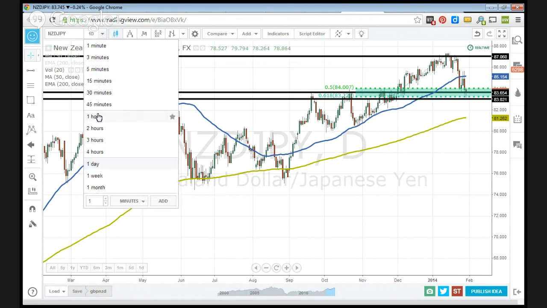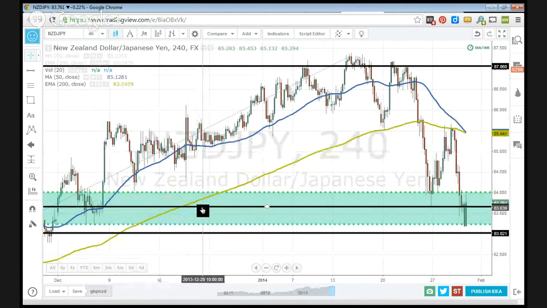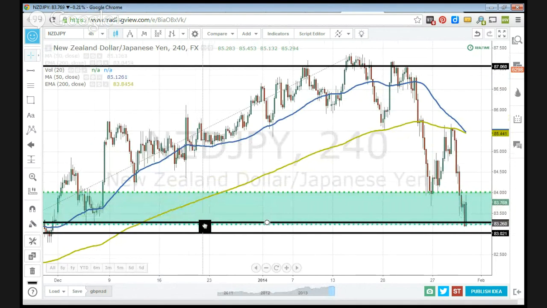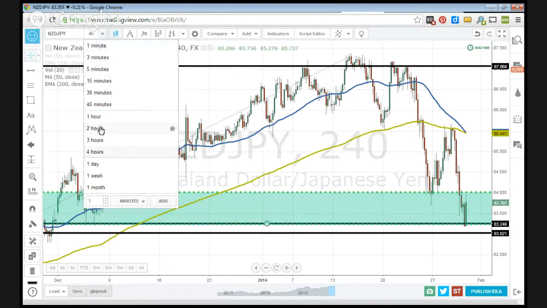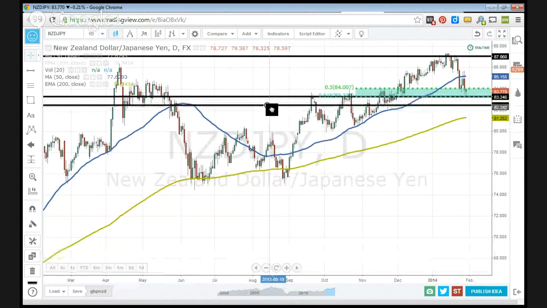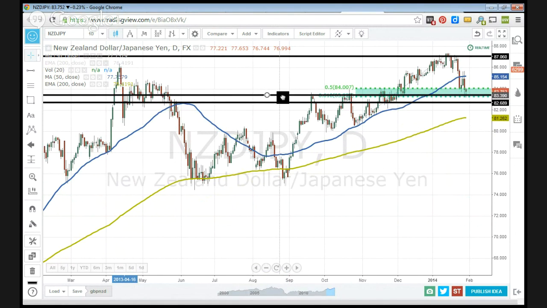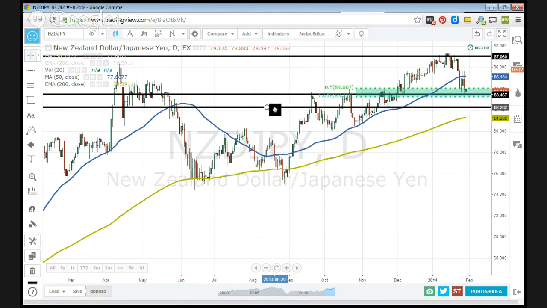Let's go to the 4-hour chart. I think I'm going to put an order on for Kiwi yen. Okay, something like this.